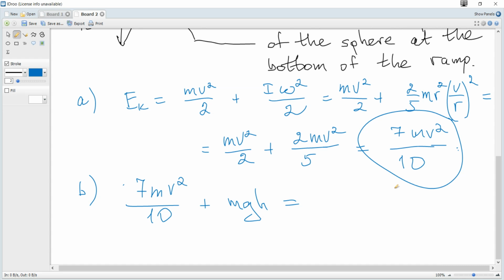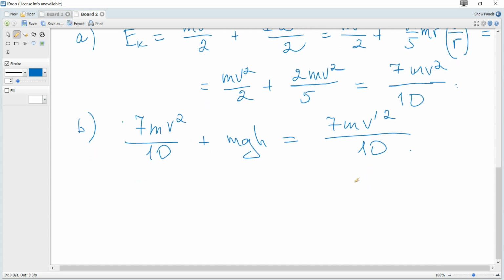It doesn't matter where it is rolling, because if you consider the sum of translational and rotational kinetic energies, you will get absolutely the same result. So it becomes 7 mv prime squared over 10, where v prime is another speed which should be found, and we need just to solve for v prime.